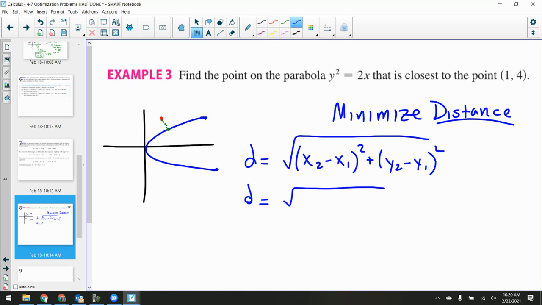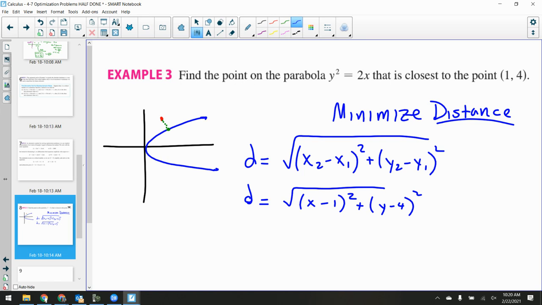The only thing the x2 and the x1 are doing is noting that they're different. So I'm just going to say x minus the x value that we're looking at, 1, squared plus y minus 4. And I know that x and y value must be on the parabola y squared is equal to 2x.